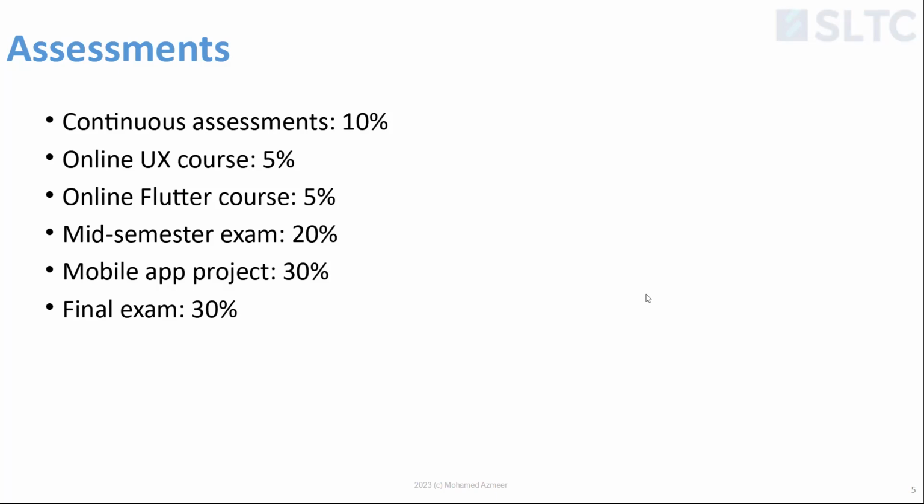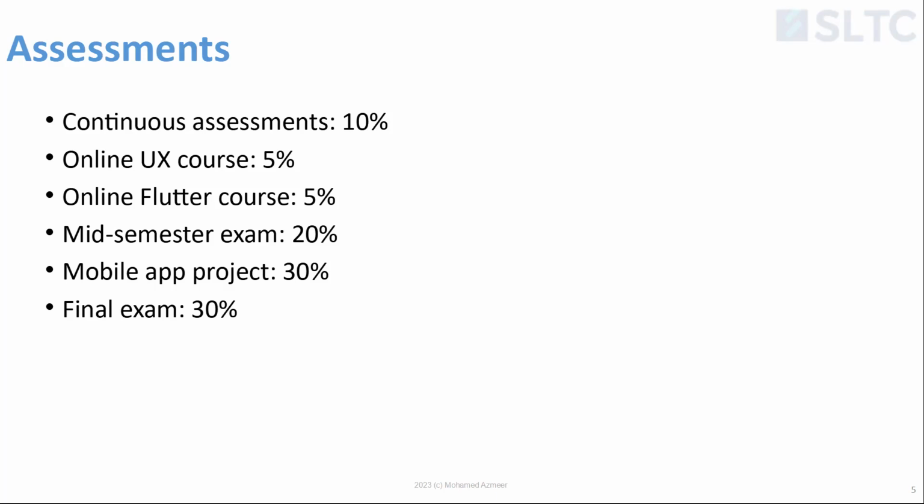It's a very generic one where you can use it on any language, whether you are using Java or Python, Flutter, Dart, whatever. These are fundamentals of user interface design. You will know why you need that. The other one is an online Flutter course. Both of them give you 10% of your final marking sheet. The online UX course will get you 5%, and the other one will get you another 5%.